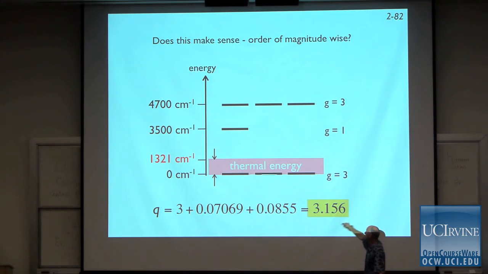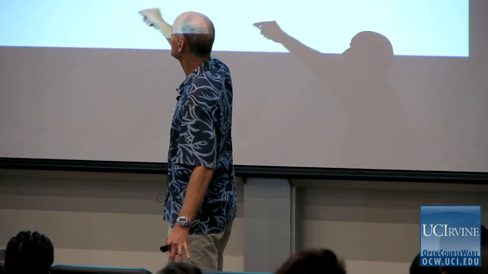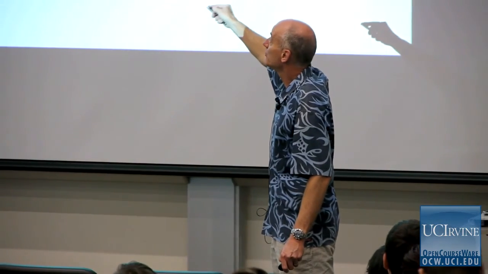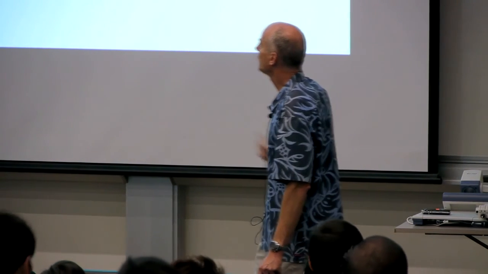Well, there are. These 3 states are thermally accessible, they're the ground state, for goodness' sake. And there's a tiny probability that these other states will be occupied. That's what this number indicates: 3.1 thermally accessible states. There's not enough thermal energy to significantly populate these excited states. Thermal energy is too low. Okay, so we'll review this on Friday.